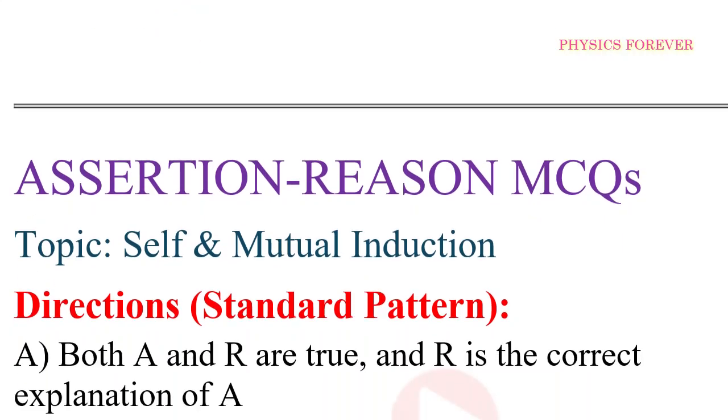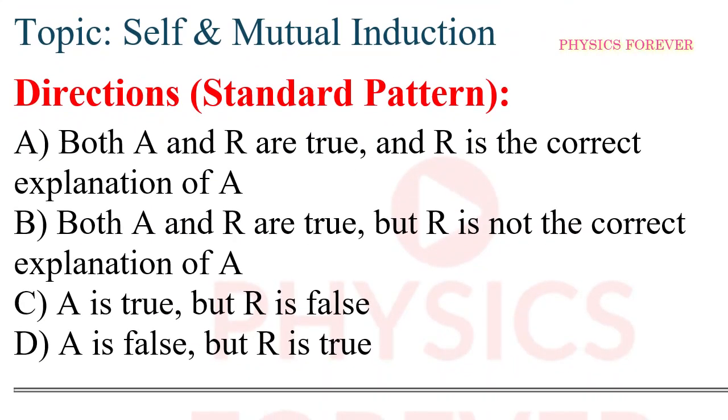Next, assertion and reasoning. This is the standard pattern. I will give only the assertion and the reasoning, and we have to choose the correct answer from these four options. The next questions, up to 50, I have assigned for assertion and reasoning. The options will be the same, A, B, C, D. Just remember these four options and choose.